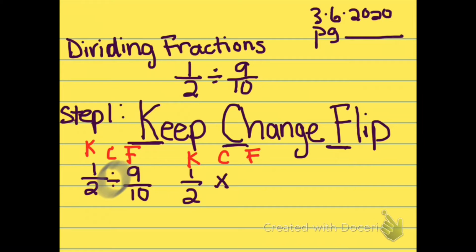Yes, I know, how strange, but that's how you do it. And then you focus now on your flip. That means you take 9/10 and you flip it. You put the 10 on top and the 9 on the bottom.